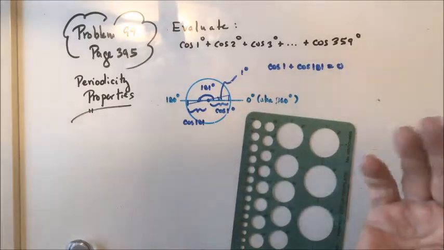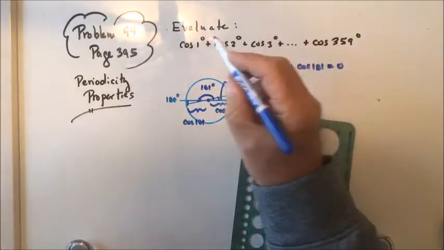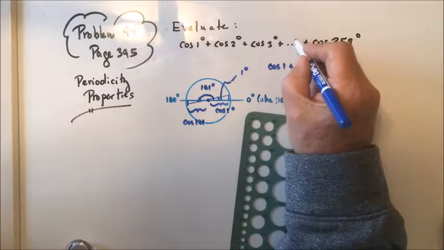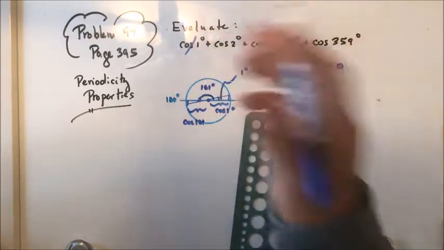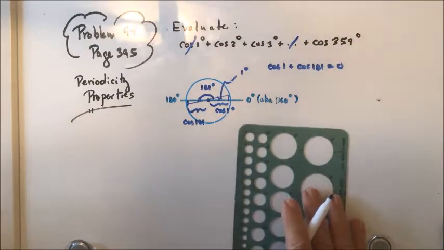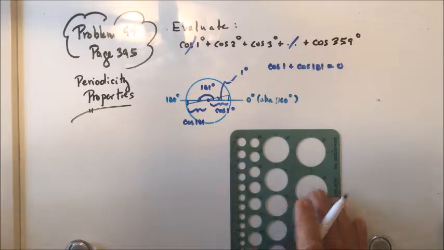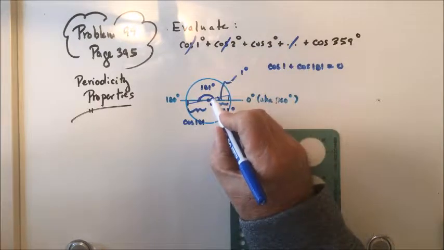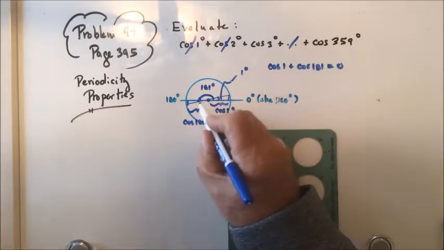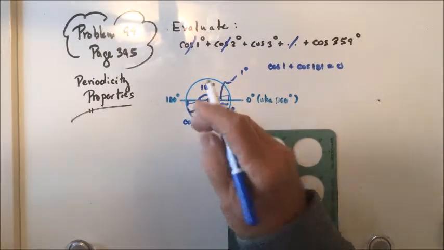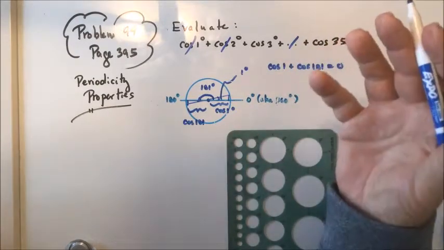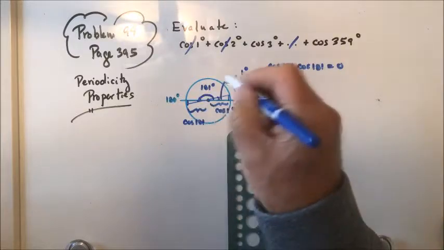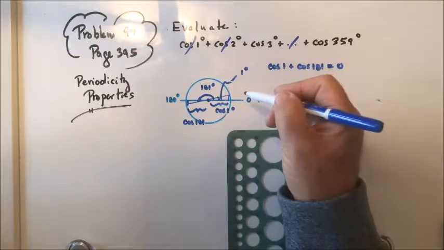They cancel, right? So I can take this cosine 1, look in here and find cosine 181, and just cancel the two because they add to 0. Likewise, cosine 2 degrees is the same length as cosine 182 in absolute value, but cosine of 182 is negative, cosine 2 is positive.